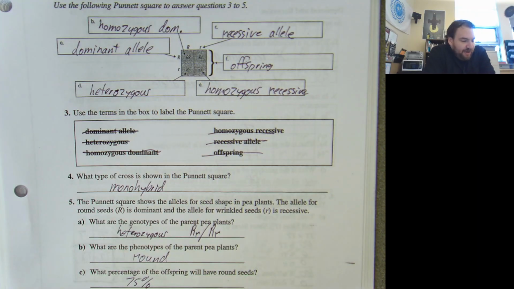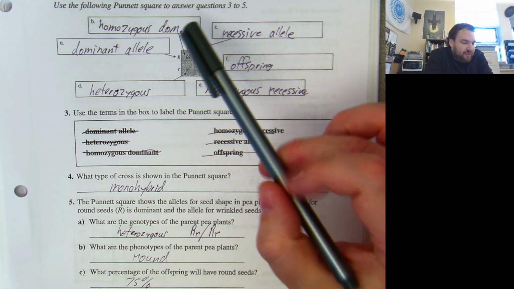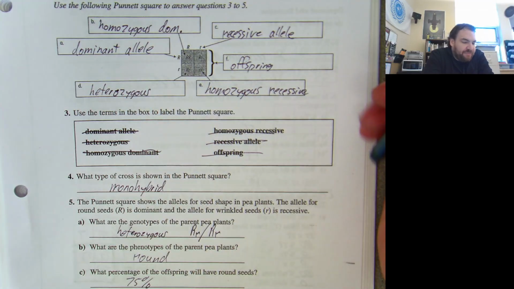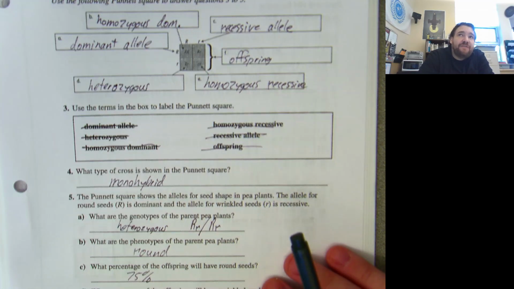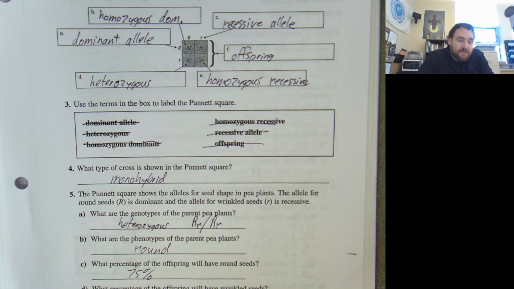There's a teeny tiny Punnett square in the middle there. It asks you to label the different parts and then answer some questions down below about the Punnett square itself. Comments, questions, concerns on any of those?